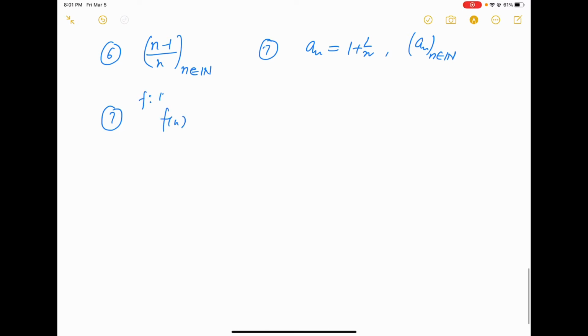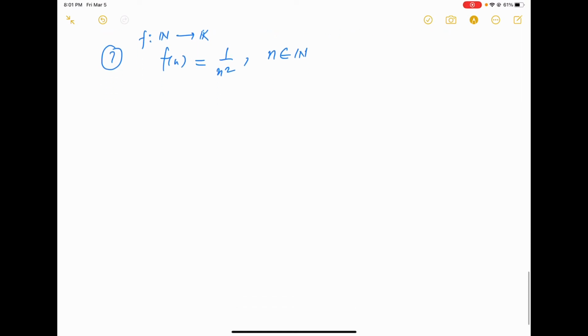Obviously, f is a map from the set of natural numbers to R defined by f(n) equal to 1 upon n square, n belongs to the set of natural numbers, is a sequence in R.